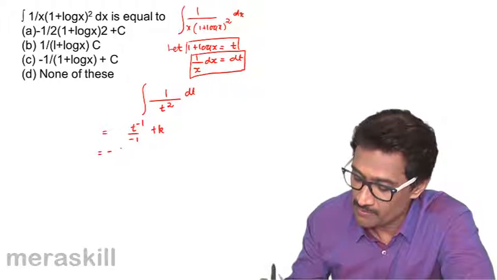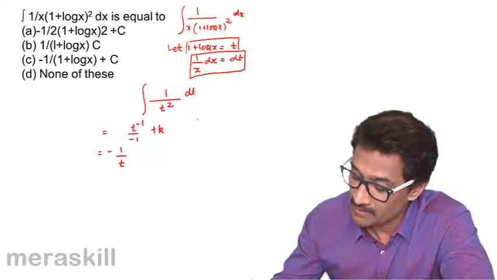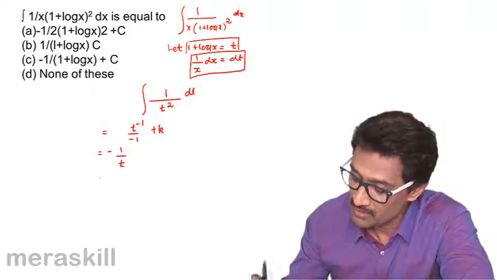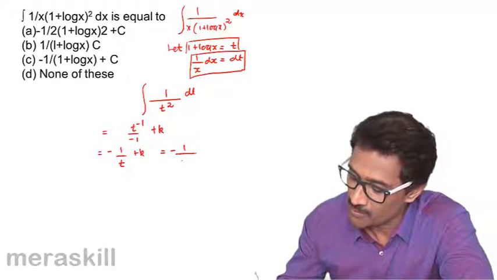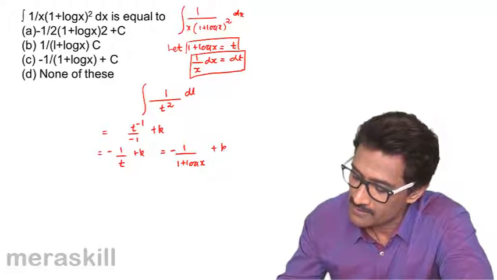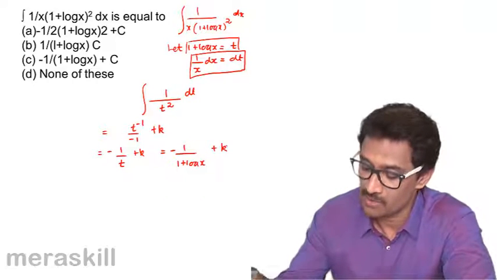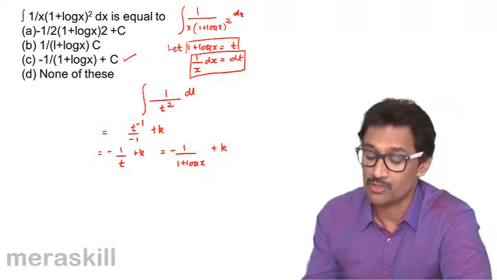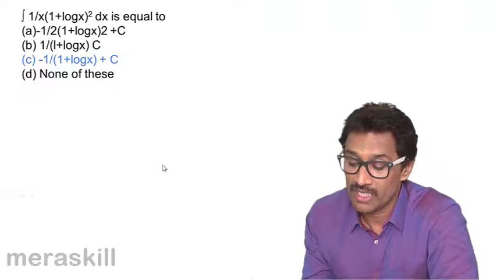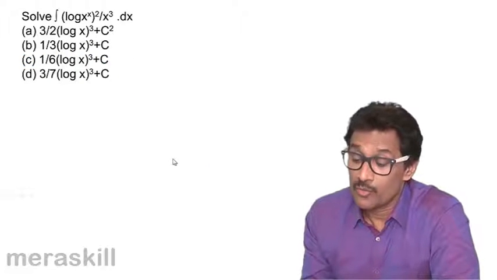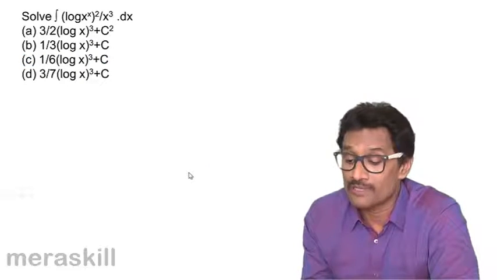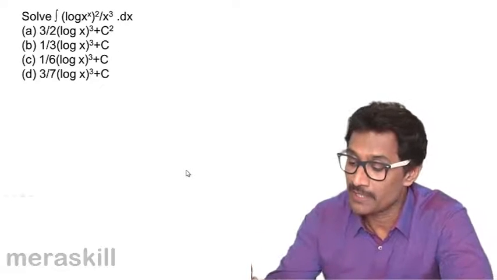So it's going to be minus 1 by t plus k, of course, minus 1 upon 1 plus log x plus k. So it's going to be minus 1 upon 1 plus log x plus constant, which is going to be this option number C. Okay. So we are going about doing all these formulae accordingly.